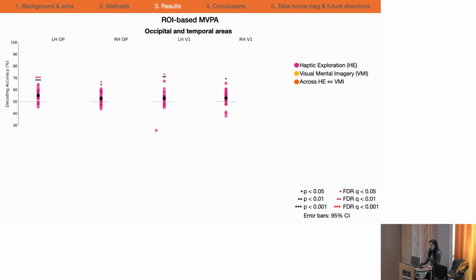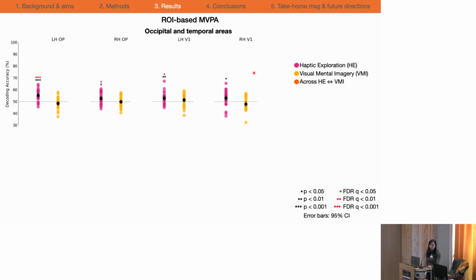So here we can see the ROI-based results, starting with early visual areas, the focus of the research. As you can see, we found significant decoding of size during haptic exploration in all of them except in right V1.